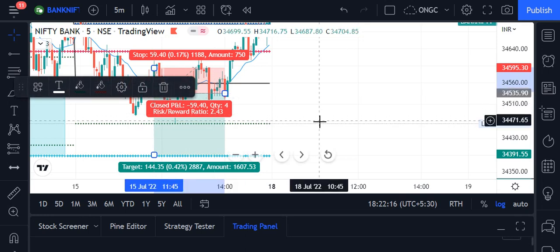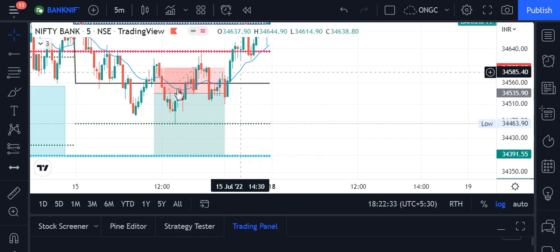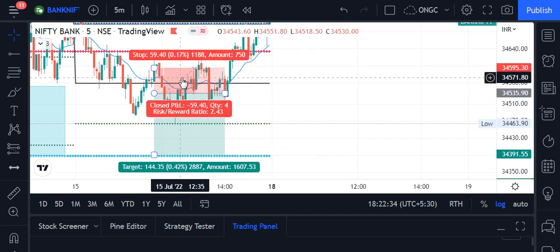I always prefer a good risk reward ratio, and my stop loss for any trade is around 17 to 20 points, but in this case I decided on around 25 points. Some of you may doubt that the stop loss here is showing 59 points, but why am I saying 25 points? Because this is the spot chart.